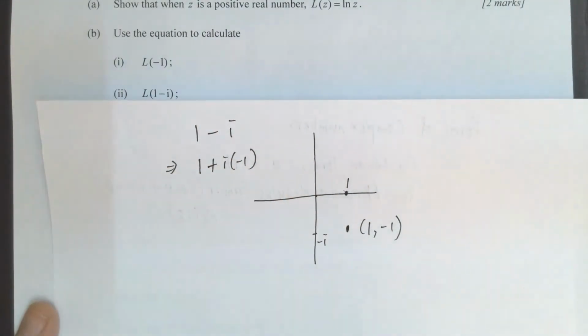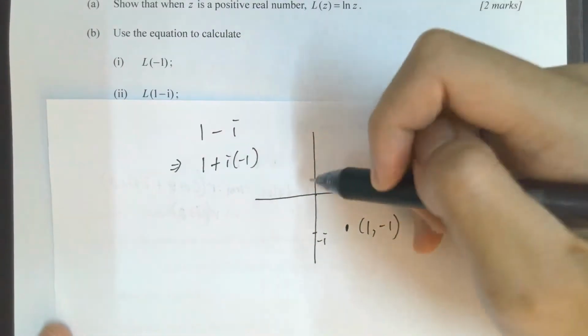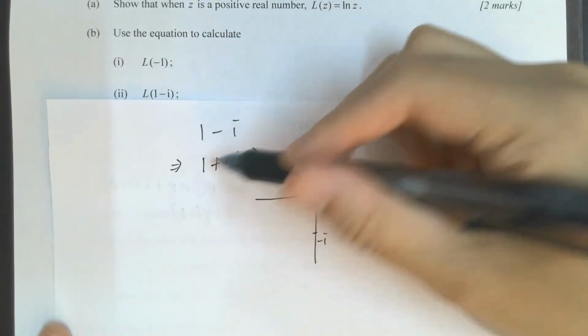In terms of our Cartesian form, it looks like this. So we can identify that it's 1 and -1 over here.